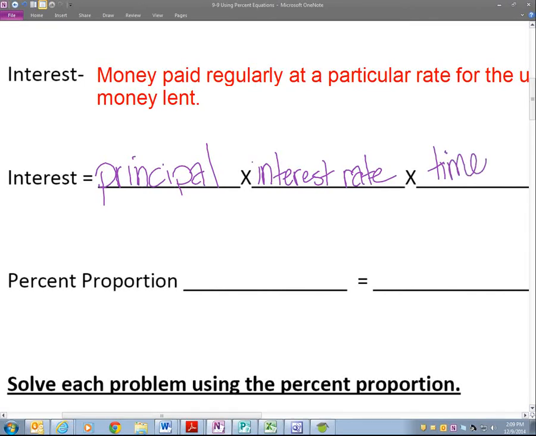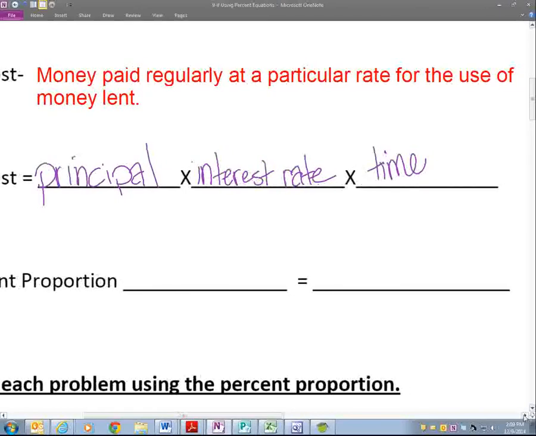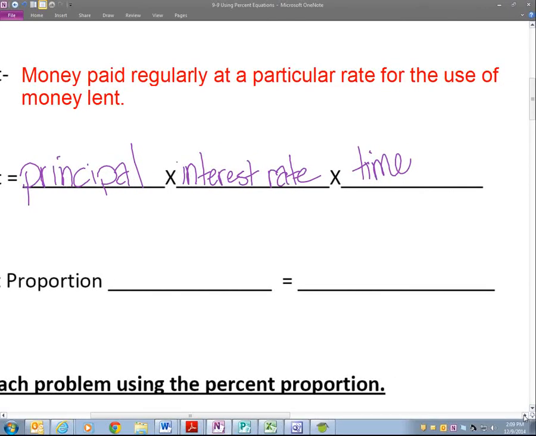So that time could be monthly, which is every month, or annually, which is every year. Okay?